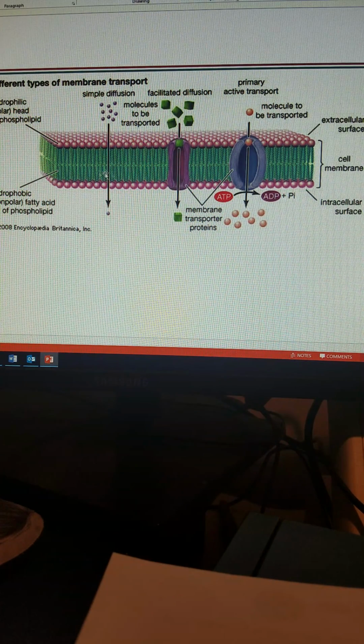And remember, our cell membrane is made up of our phospholipid bilayer, or 2-part lipids, remember, with our heads and our 2 tails. And remember, the heads are hydrophilic and the tails are hydrophobic. So remember those things, as they will be on your exam as well.